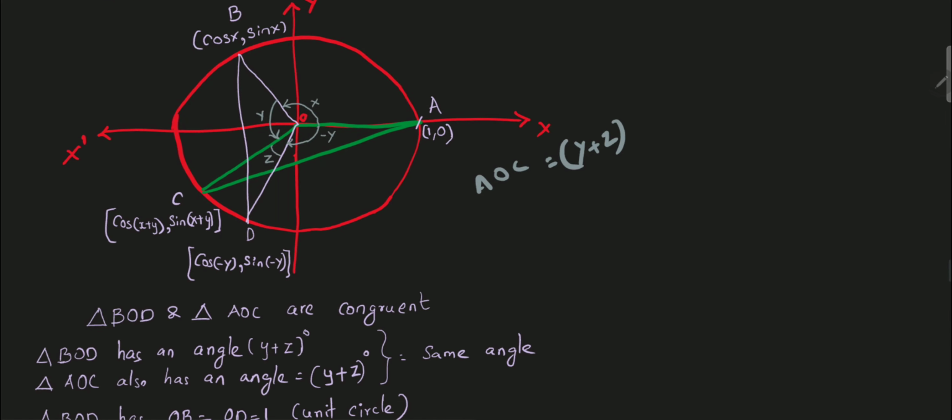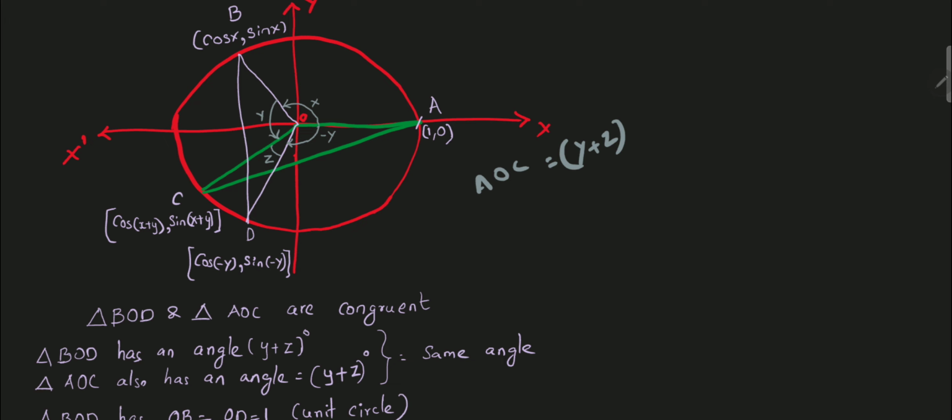Actually we are trying to geometrically prove that the triangle AOC is congruent with BOD. How? What is the angle BOD? It is going to be y plus Z. Similarly, what is the angle of AOC? It's again going to be Z plus y. Don't consider minus, we are just taking the angle.